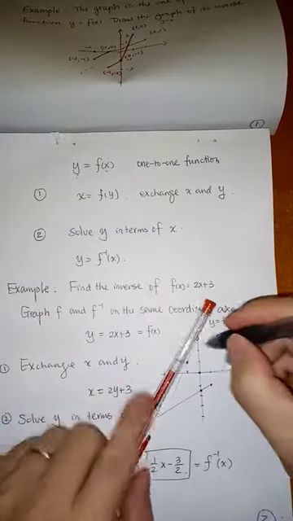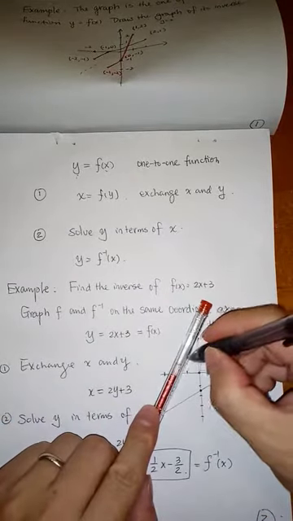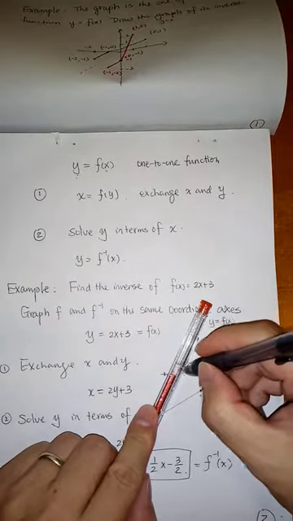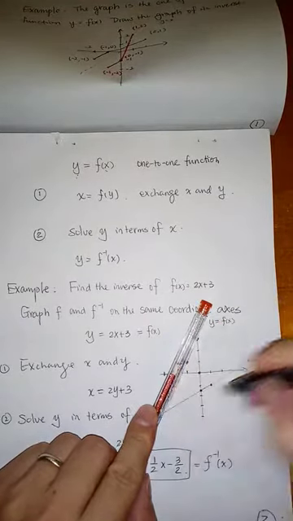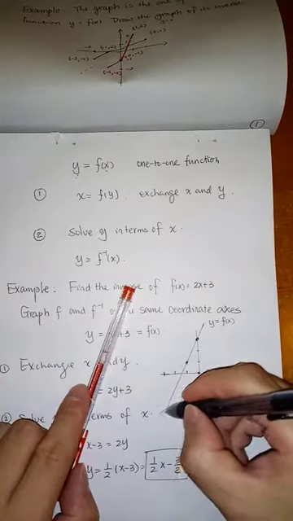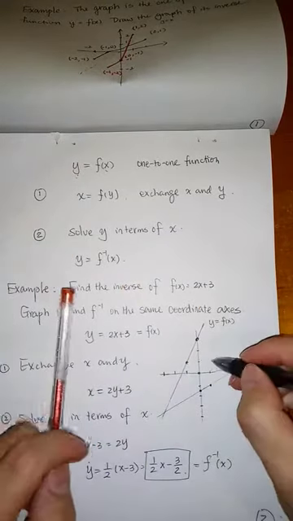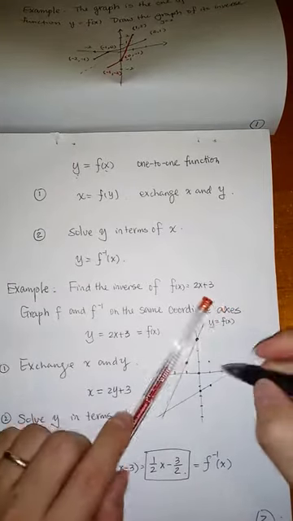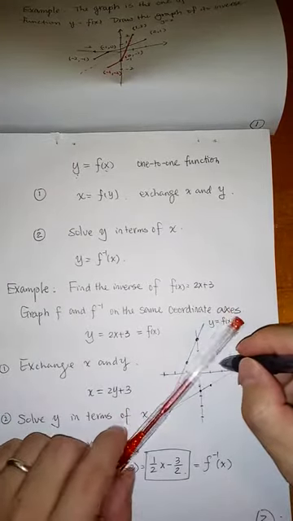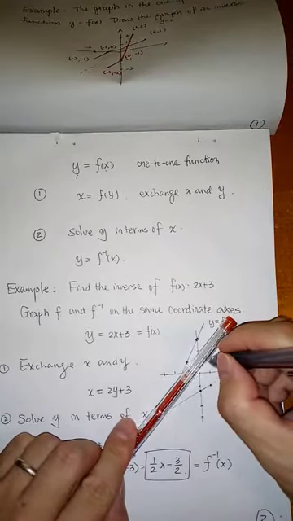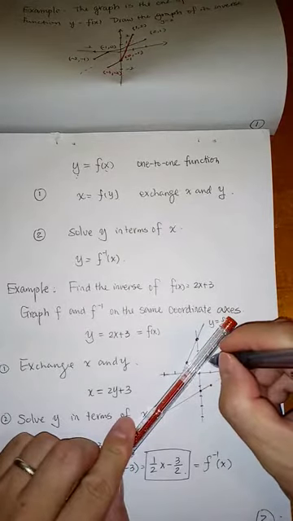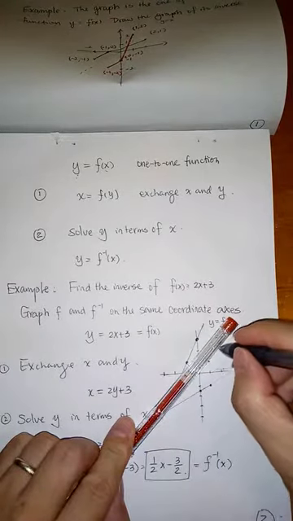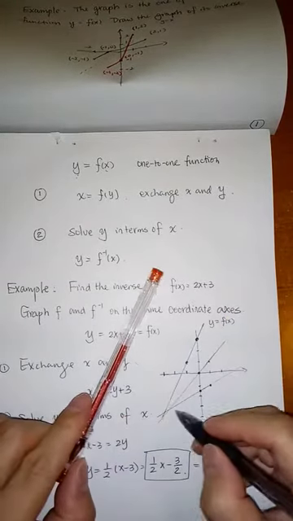Okay, so if we extend it a little bit, they will intersect. And now let's try to sketch the line y equal to x. Okay, so almost.